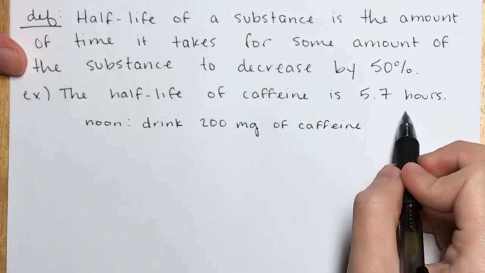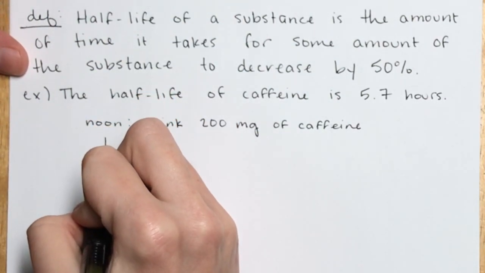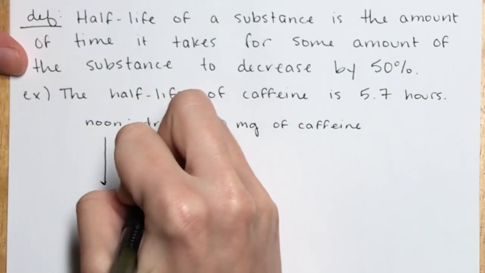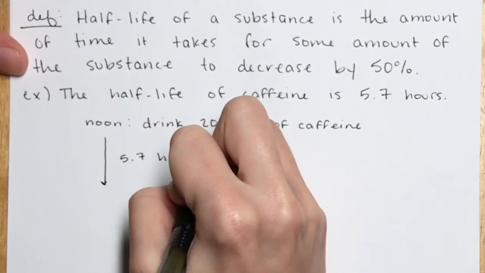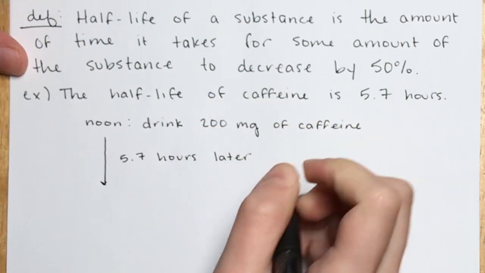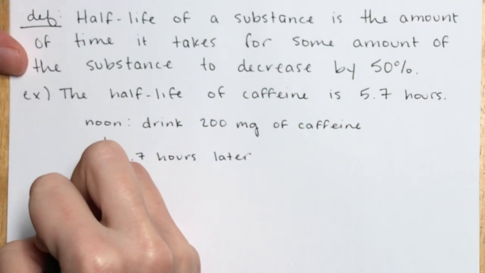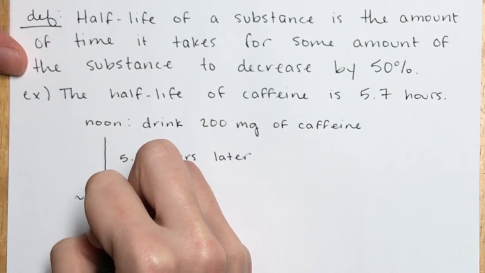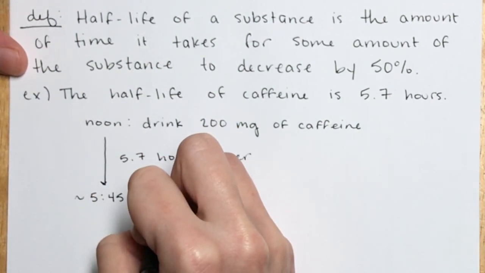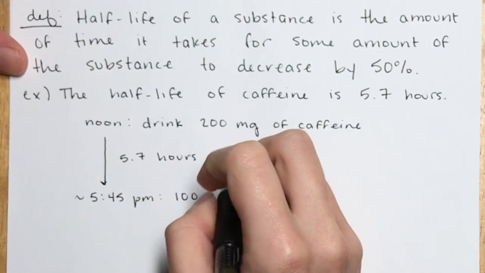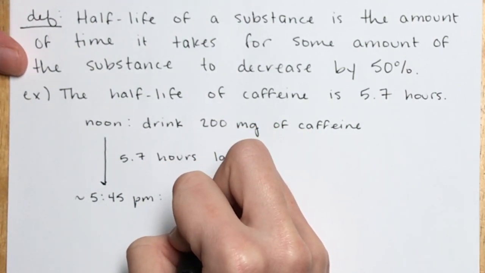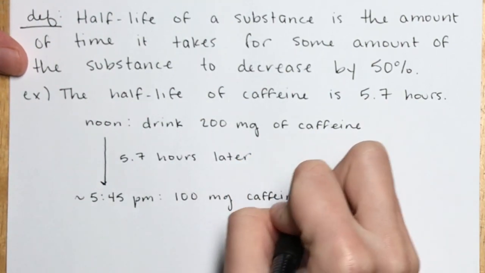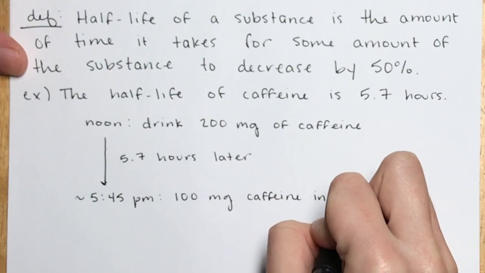What this means is that 5.7 hours later, at around 5:45, you still have 100 milligrams of caffeine in your system.